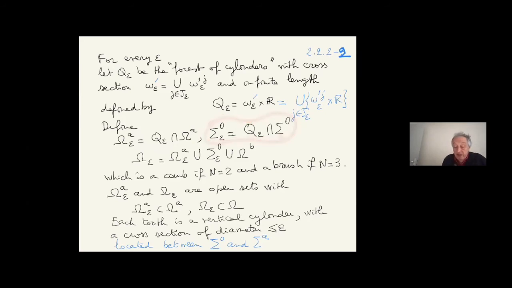And omega epsilon will be made by gluing omega A epsilon and omega B by the intermediate boundary sigma epsilon 0.